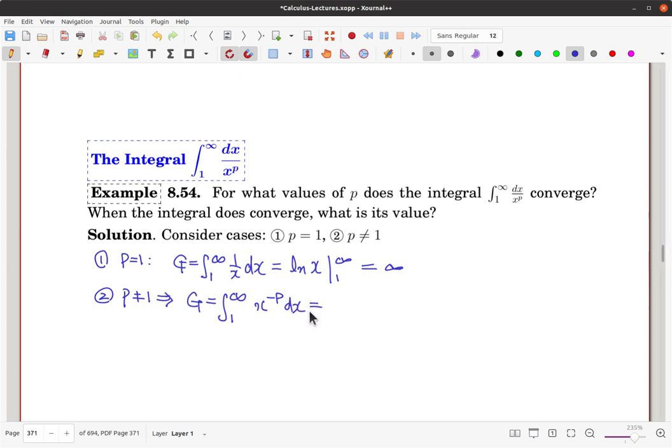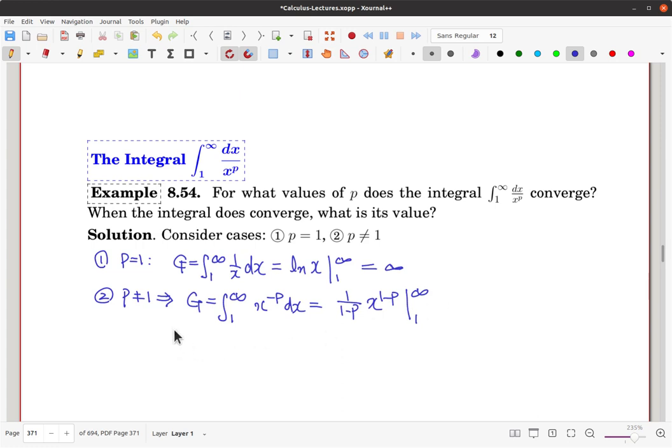Its antiderivative is 1 over minus p plus 1, so that 1 over 1 minus p, and then x to the minus p plus 1, so 1 minus p, right? Now evaluate from 1 to infinity.